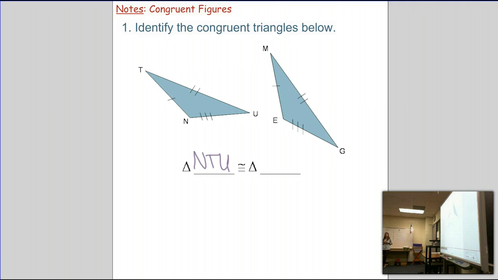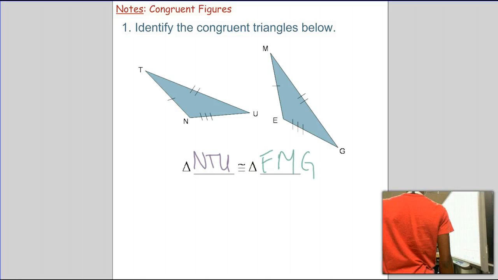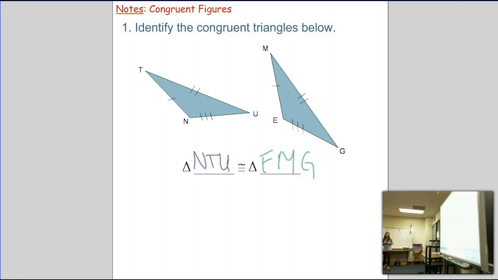I hope you're looking at the tick marks. They're very light. Well, we're about to find out. That's an E? Yes, very good.